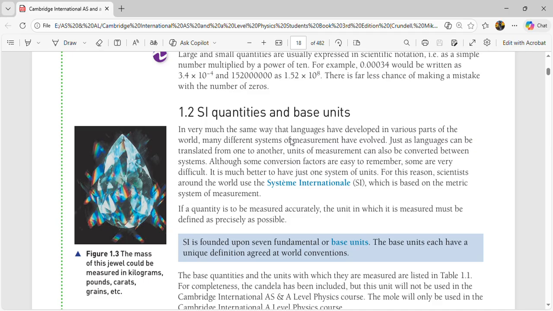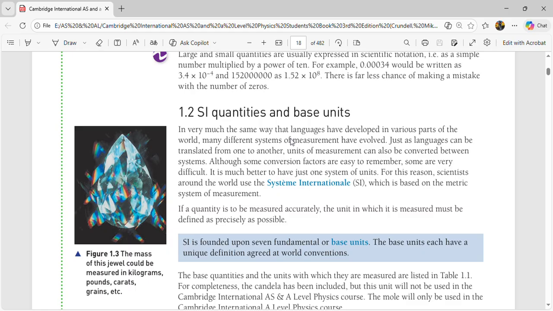They are like foundations of all other quantities. And there are only 7, which is mass, length, time, thermodynamic temperature, electric current, amount of substance, luminous intensity. The order doesn't matter.